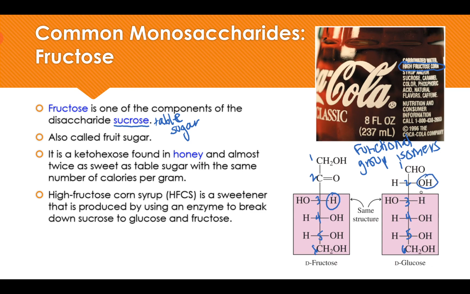Glucose is OH, H, OH, OH down the side of the chiral carbons, and fructose has the same orientation of the bottom three. The only difference is the top part where we have our different functional groups.